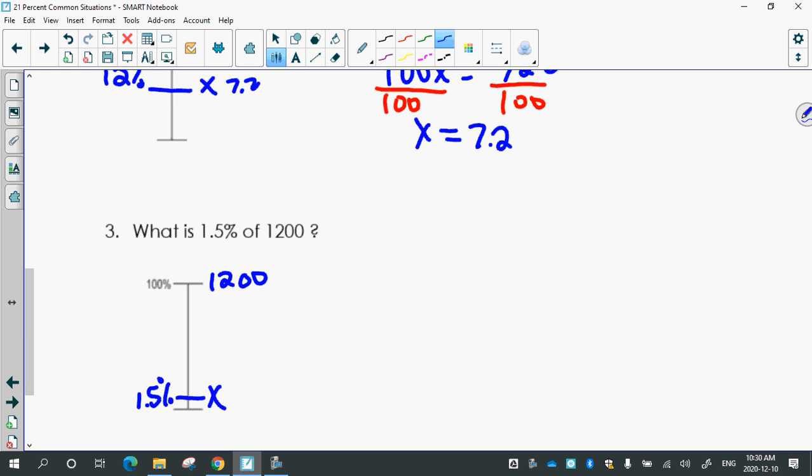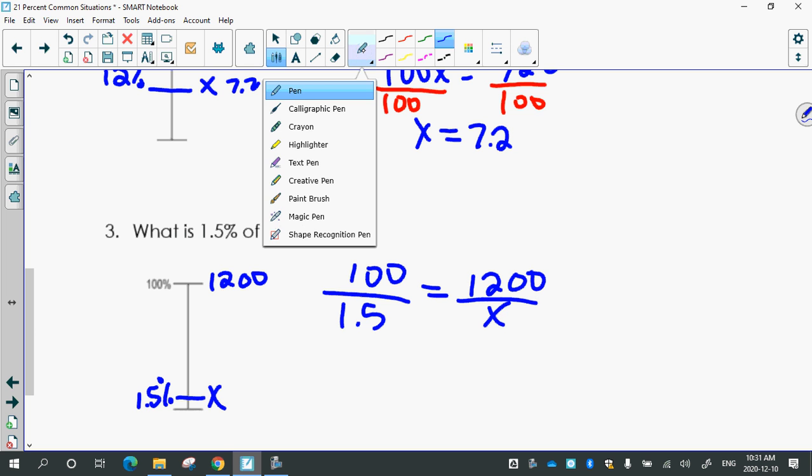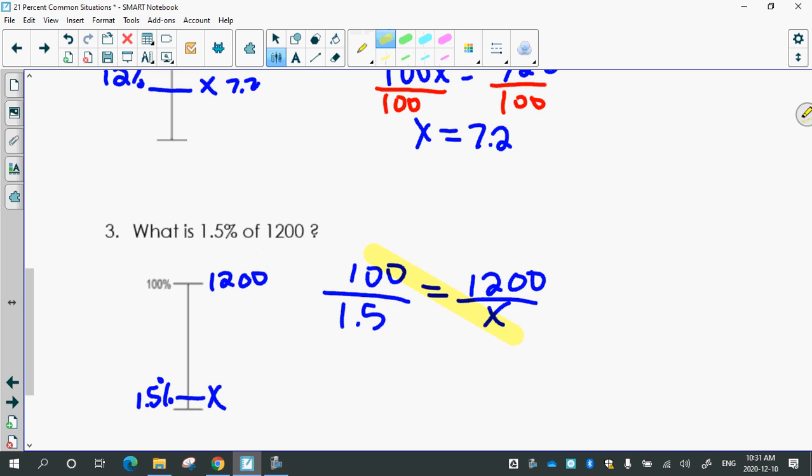Okay. All right, so we've got 100 over 1.5 equals 1,200 over x is the proportion we can make from the picture. And then you've got 100x, so find your x and cross. And then your calculator, you're going to do 1.5 times 1,200, 1,800.